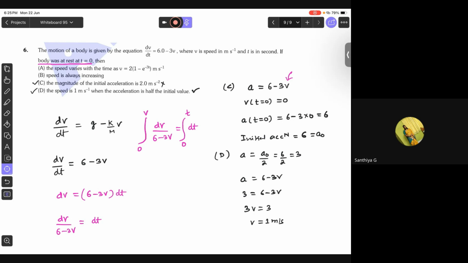So solve v, everyone, first. Anyone got the answer?